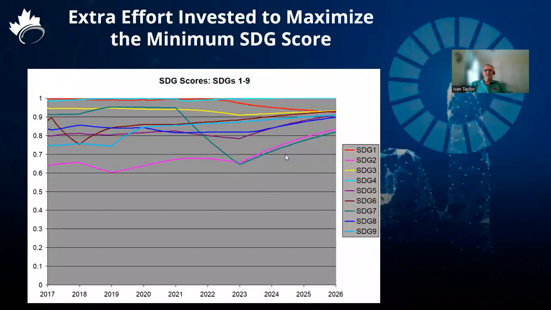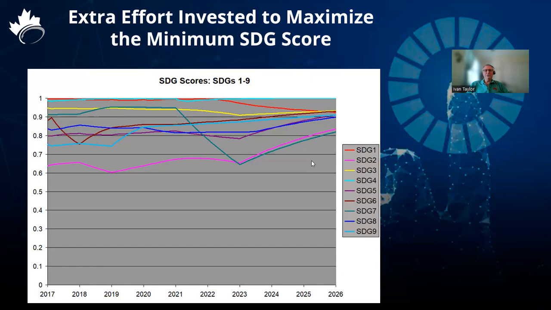Here are now the results of this extra effort, and you can see that even though we're primarily focused on affordable and clean energy and climate action, many of the other SDGs also begin to increase where they were decreasing before, and that's because of the positive synergies between the SDGs in our causal loop diagram. There are still some SDGs that are declining, but most of the SDGs are now increasing, projected to increase until 2026.